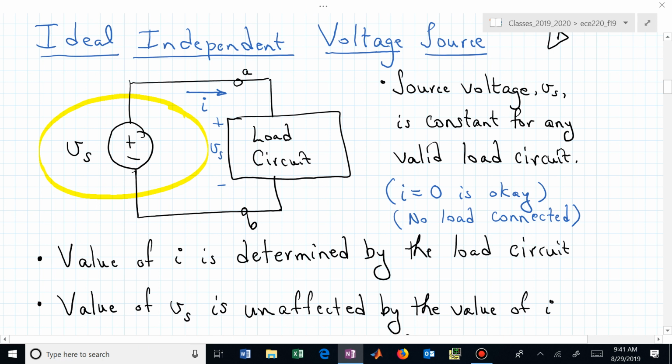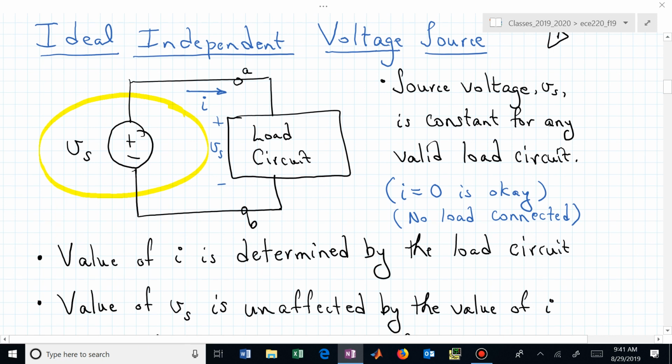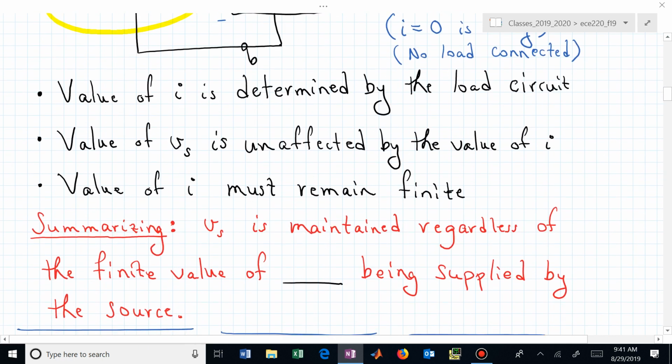No matter what the current demand is. What we need to fill in here is I. The voltage of that ideal voltage source is going to be whatever we want, 10, 5, 6, however we set it. But once we set it, it's that no matter what we hang on to it, as long as I remains finite. We don't want I being infinite.